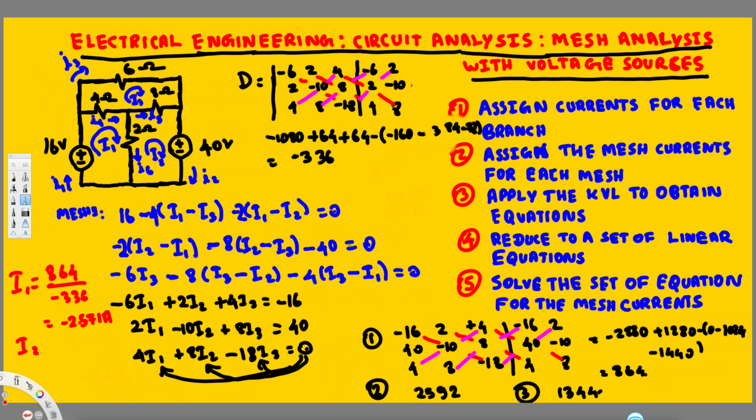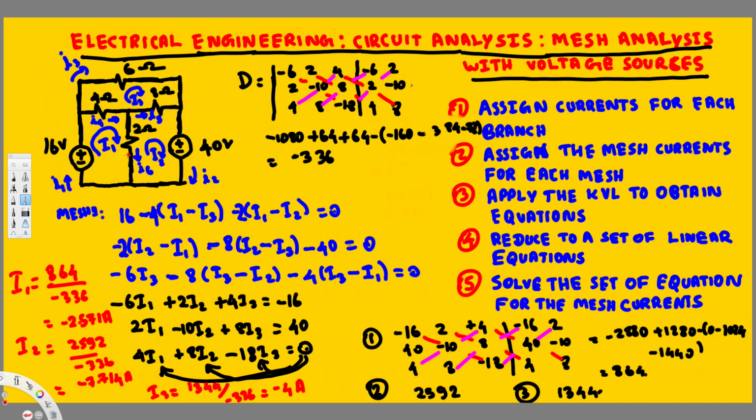And I2 is going to be, again, 2592 divided by minus 336, that's going to give you minus 7.714 ampere. And I3 is going to be 1344 divided by minus 336, and that's going to give you minus 4 ampere, right? And that's it. So these are our I1, I2, I3.